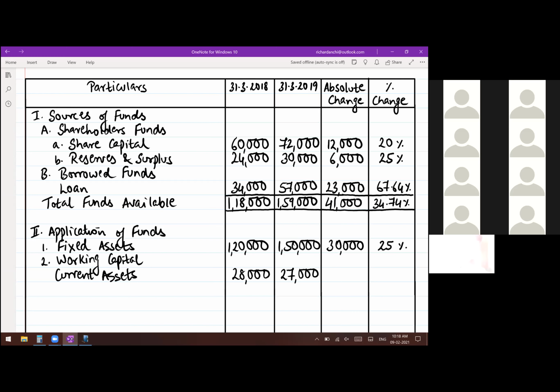So how much is the decrease? Absolute change? 1,000. That is negative 1,000. And percentage change: minus 1,000 divided by 28,000 into 100.